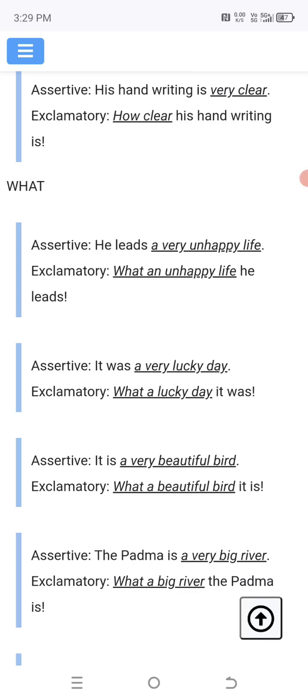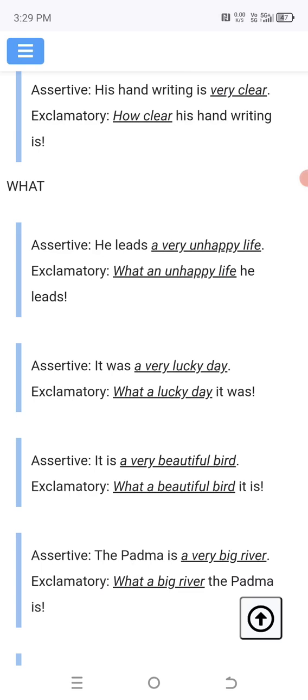When the adjective begins with a vowel, that time we should take an after the what. So here lucky is an adjective, it begins with the consonant l. That's why we should write here after what a. What a lucky day it was.